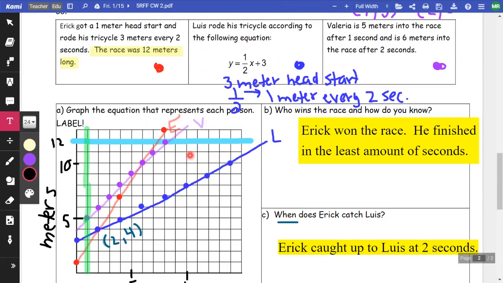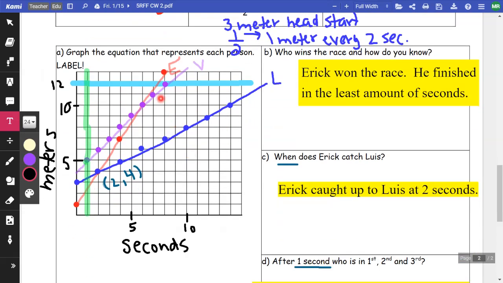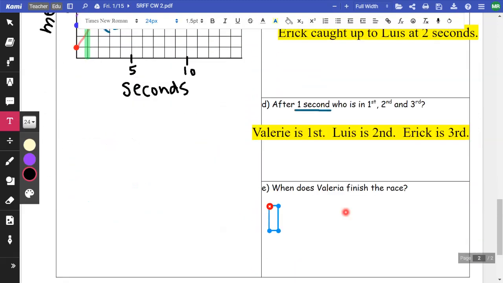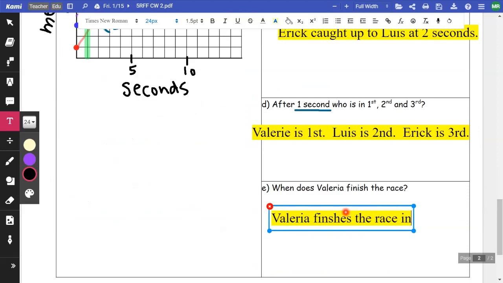Okay. So Valerie finishes the race in 7 seconds.